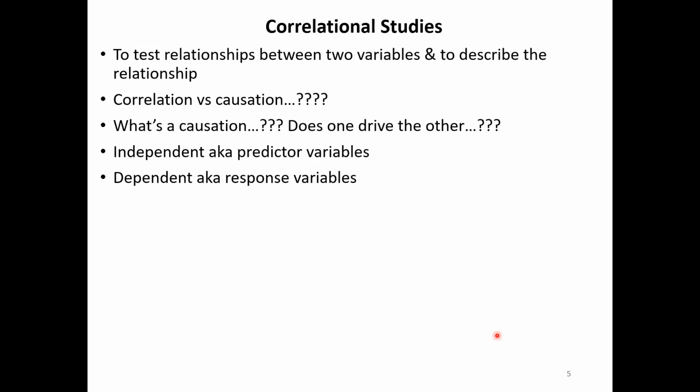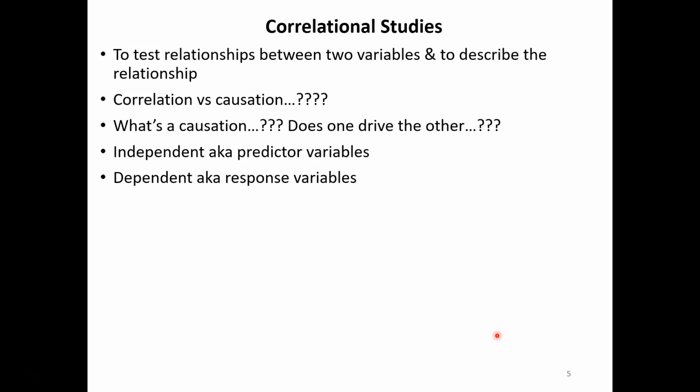Now, speaking of statistics, you might have heard a lot about correlational studies. What is a correlational study, or what is a correlation? A correlation test examines relationships between two variables, to describe how those two variables behave. Two variables may correlate, but that does not necessarily mean there's causation.